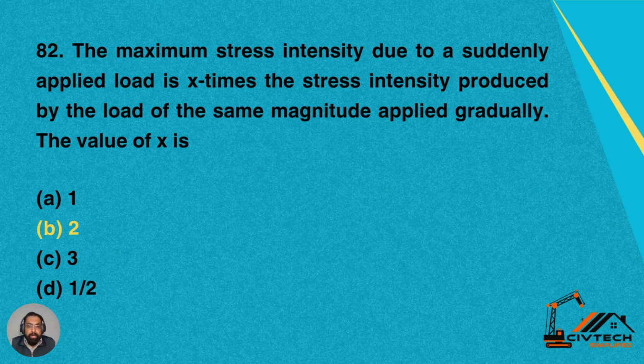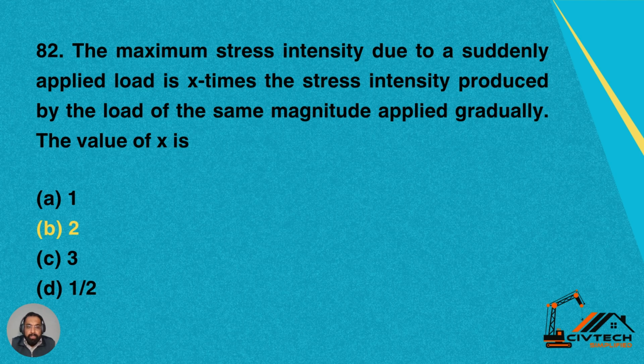Question 82. The maximum stress intensity due to a suddenly applied load is x times the stress intensity produced by the load of the same magnitude applied gradually. The value of x is?